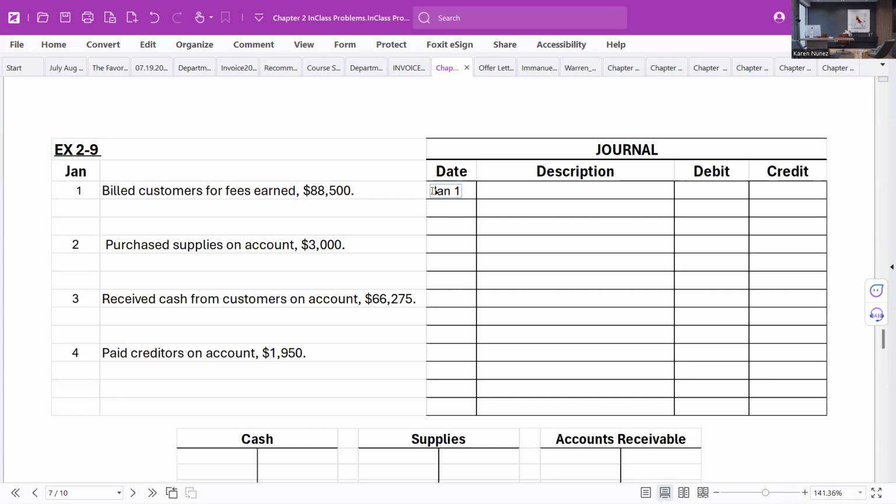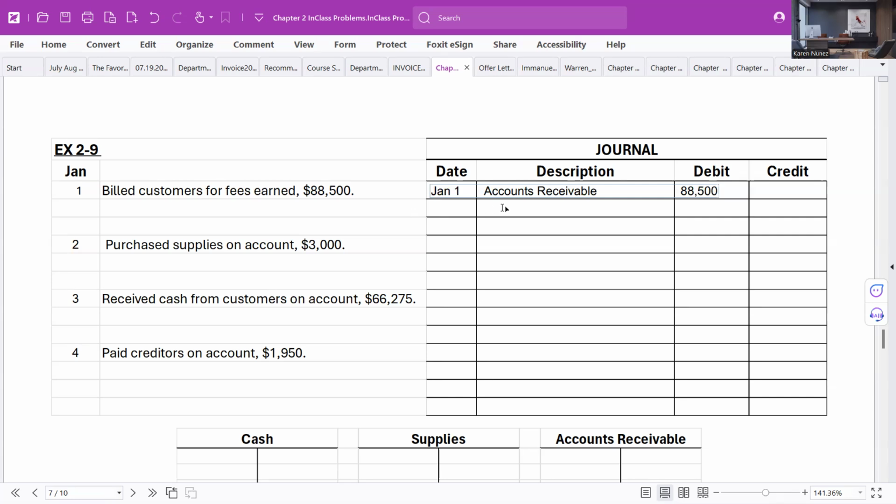That's why we're billing them, because we want them to pay us. So we have the customer's promise to pay. That is called an account receivable. So it's an asset. We increase that asset by debiting it for the 88,500.